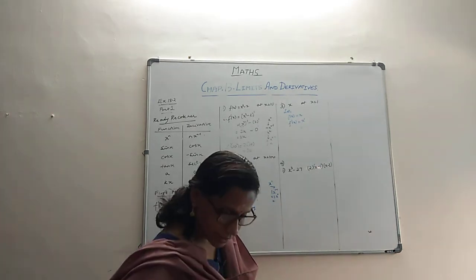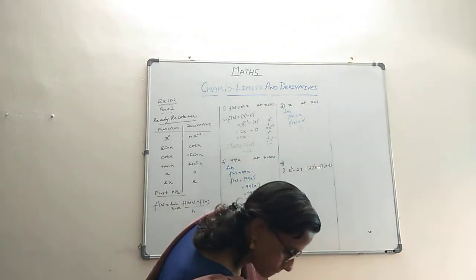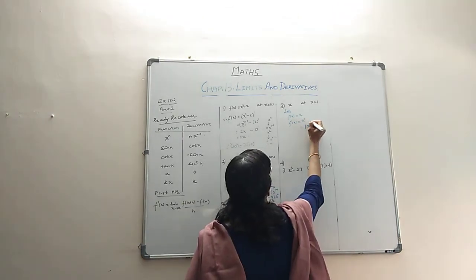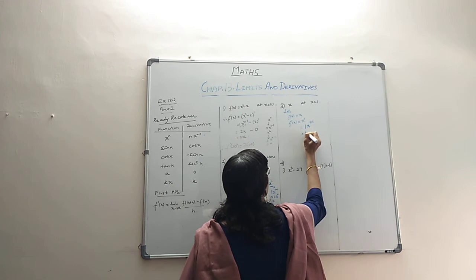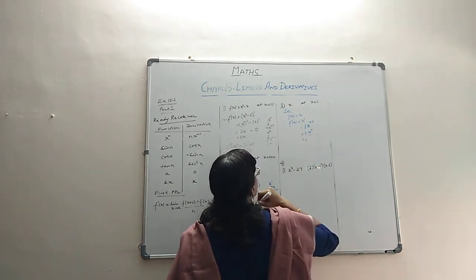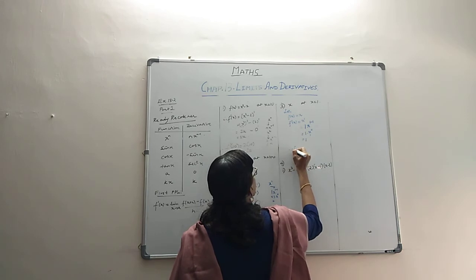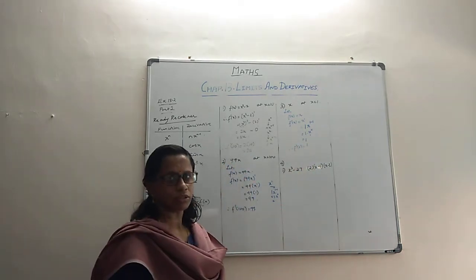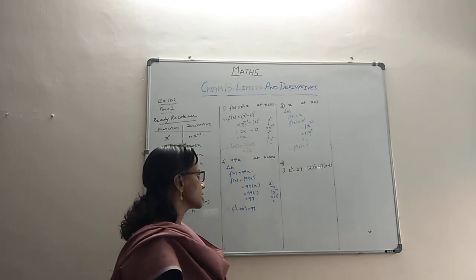That means n for us is 1, x raised to n minus 1. So that is 1 into x raised to 0, which is 1 into 1, 1. And at 1 they have asked us. So f dash at 1 doesn't matter. Why? Because there is no x, nowhere to substitute. So it's going to be 1 itself.